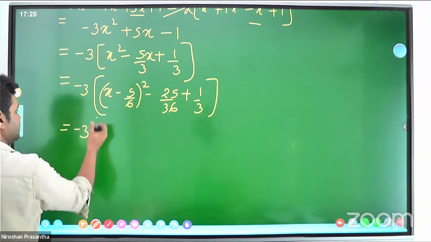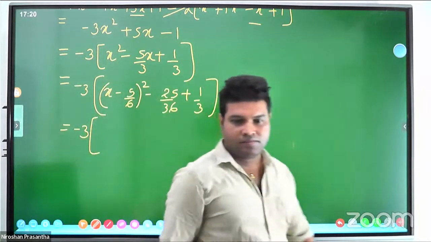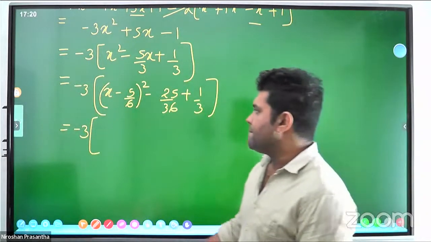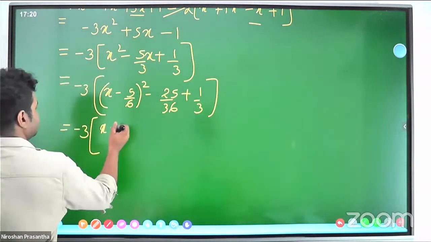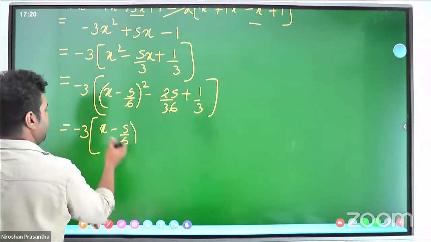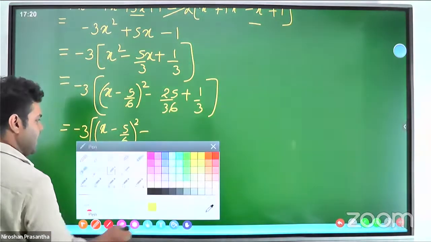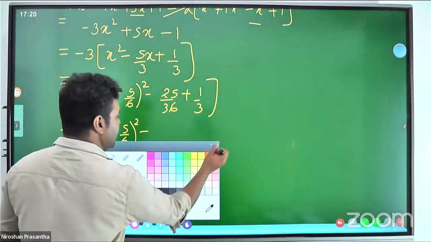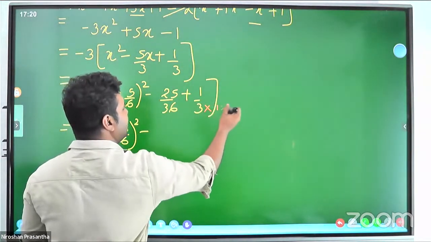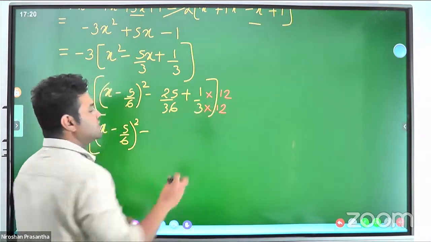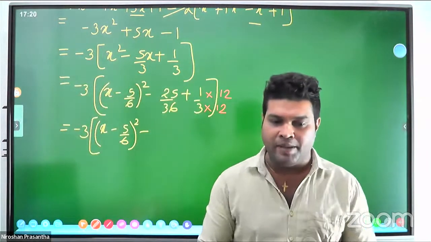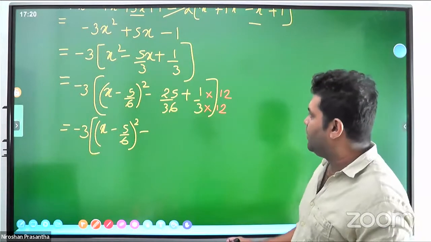Completing the square, x minus 5 over 6 squared. Children, how do we simplify this one? In the previous steps, if I additionally write 12 multiplication, now you can see the common denominators and pick it. So what's the value coming?